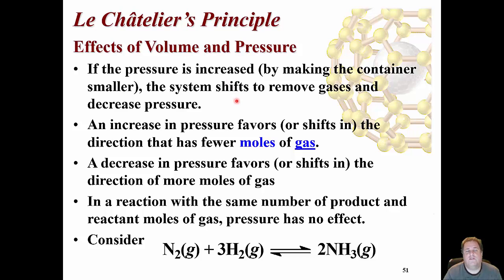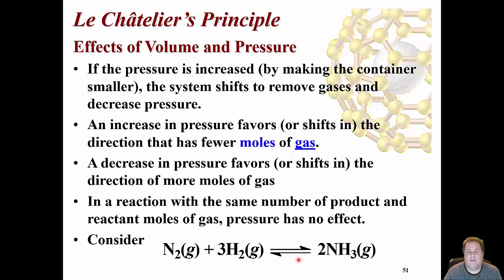Okay. So, if the pressure is increased, the system has to respond. Remember, there's only two ways, well, three by doing nothing, but two other ways that the system can respond. If we look at the reaction, it can either shift to the right, making more product and less reactant, or shift left, making more reactant and less product. So if we increase pressure, we want to decrease the amount of gas in the container.